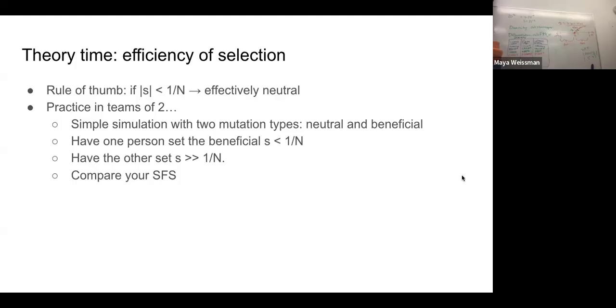Well, first of all, we're now at the end of this. So beneficial mutations are in past.